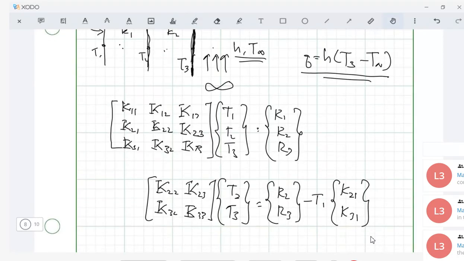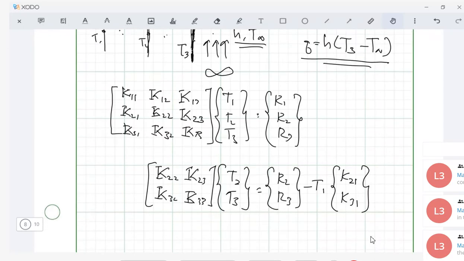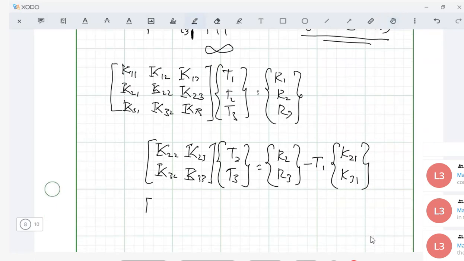Note how can we put this into our governing equation here? Is T3 known? Where is T3? T3 is here, right? So this is on the left-hand side. We need to put H times T3. So let me redo this.